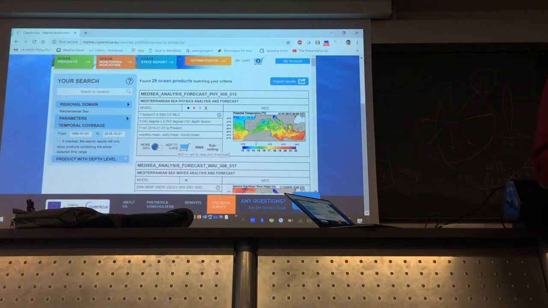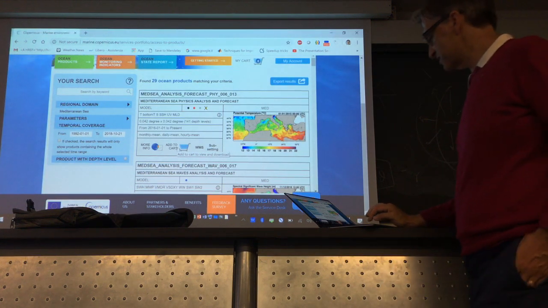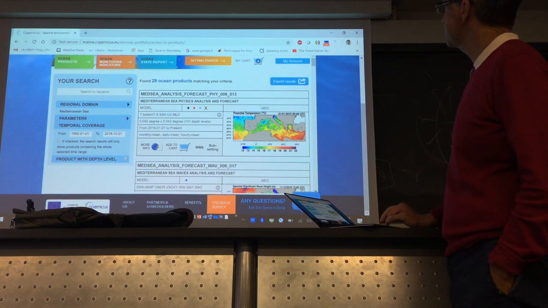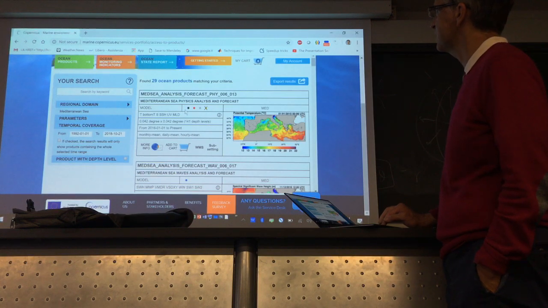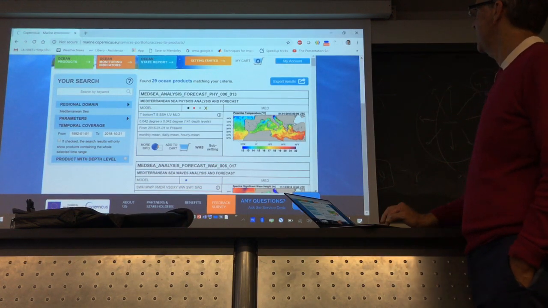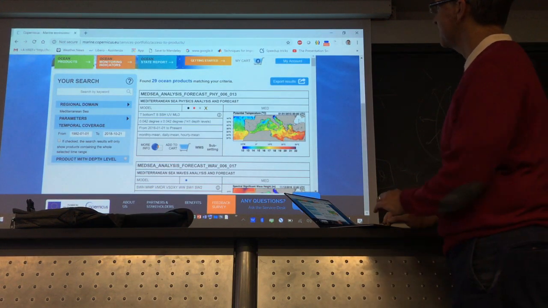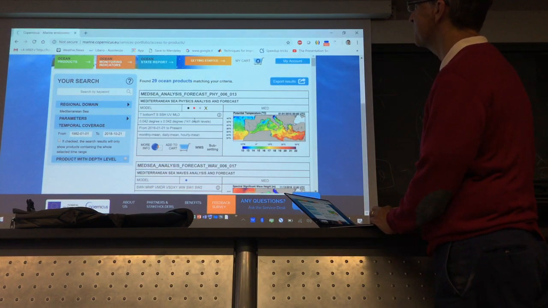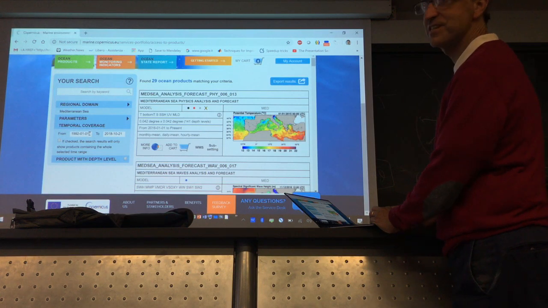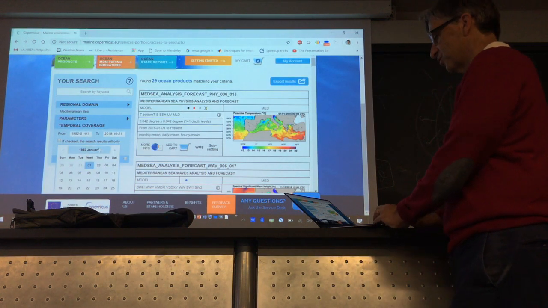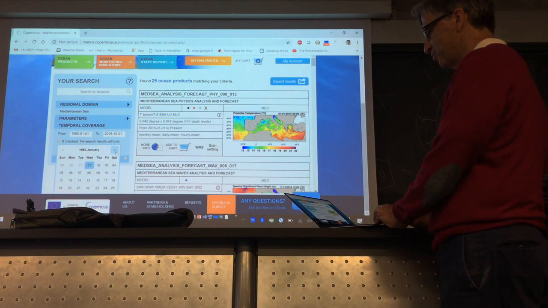What you put in the chart and you download is just if you want to download on the PC. This is, for example, Med-Sea analysis forecast, and this is a different type of analysis. This is a temperature, and this is 2015. Because I don't put any filter, but I can say, no, I don't want a filter starting from 1992.